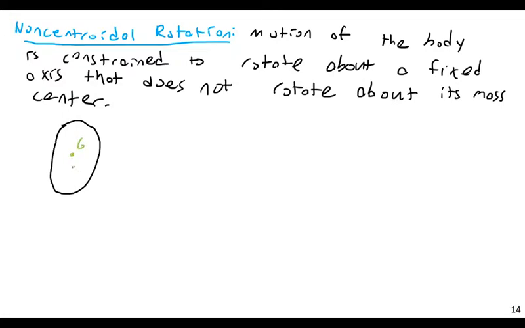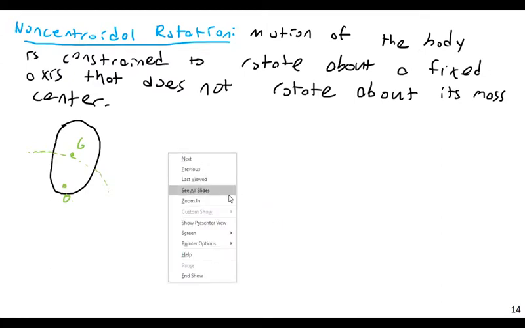But I'm not going to let that happen. Instead, we're going to rotate about some other point O here. So we would like to rotate here, but we can't. So instead we're going to rotate here. And this thing's going to be wobbling around like roll, roll, roll, roll. That's a technical term. It's just going to be wobbling around.